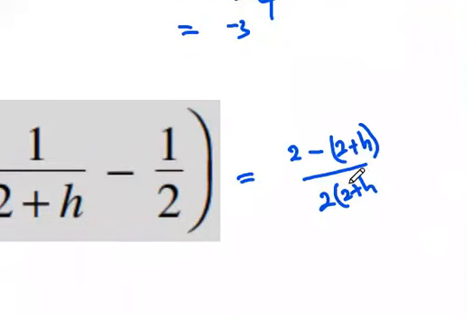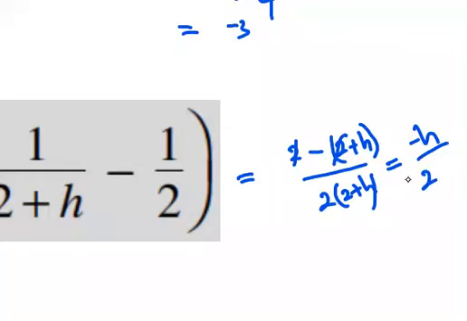So this is the common denominator, right? 2 times 2 plus h, and your numerator will be 2 minus 2 plus h, right? You can cross this off and you end up with minus h in the numerator.